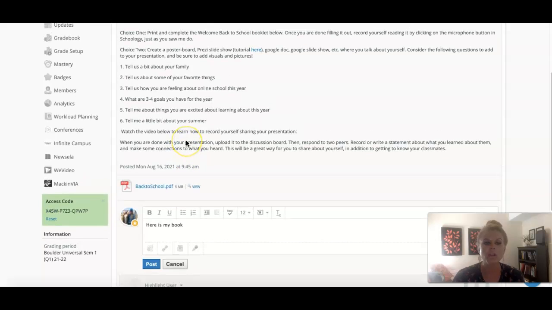Or you could do a different, more artistic option, where you maybe create a poster board and record yourself talking through it. Or maybe you record yourself doing a Prezi slideshow or a Google slideshow, and you answer these different questions and can add pictures or icons, things that represent things you love, and that way we could get to know you through those things as well. So you get to choose one of those two options.